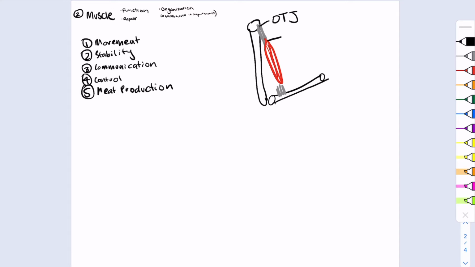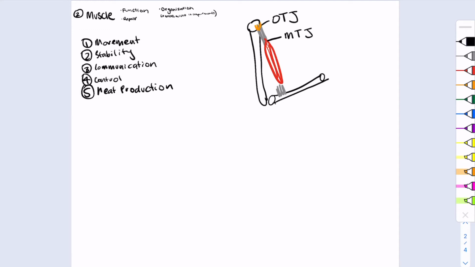Whereas this one here, the myotendinous junction, between the muscle and tendon, is less strong, because if you were to try to rip a muscle off a bone, it would be the muscle ripping off the tendon, not the tendon ripping off the bone, because this one is much stronger.